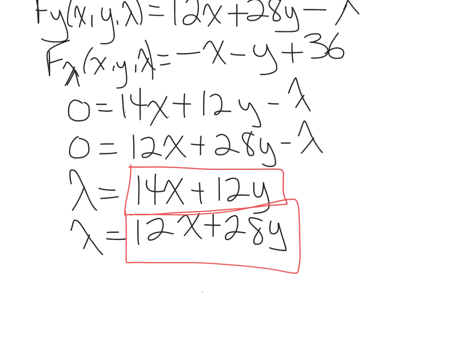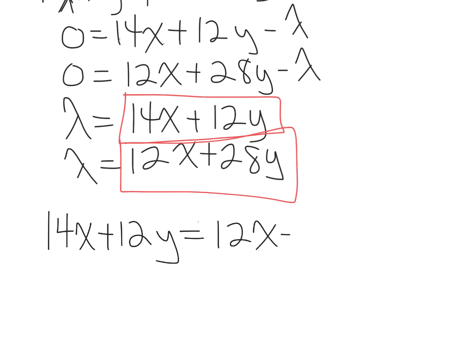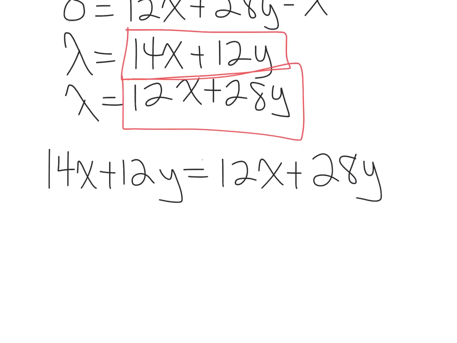So we set them equal to each other. This is kind of cool, eh? And I like to work in positive values. So I'm going to subtract 12x from both sides, and I'm going to subtract 12y from both sides.